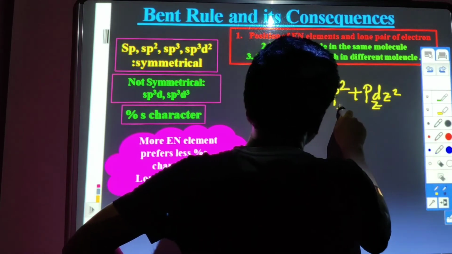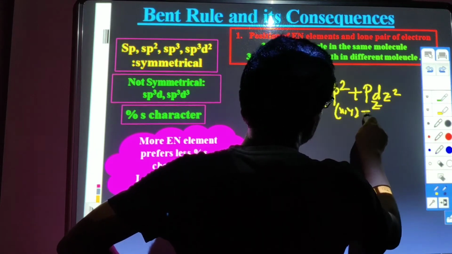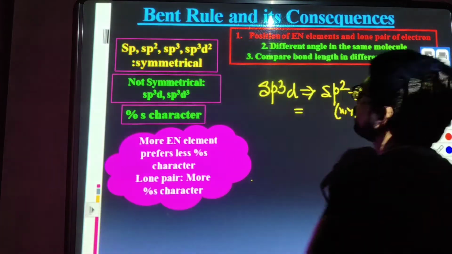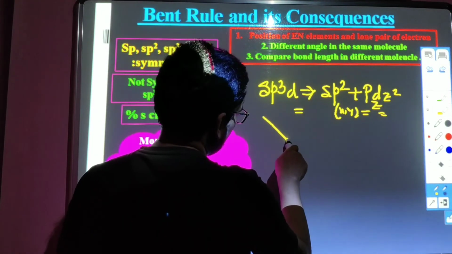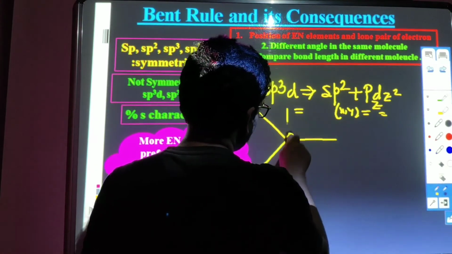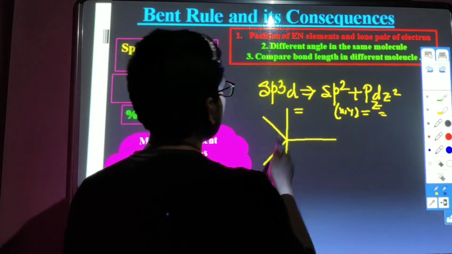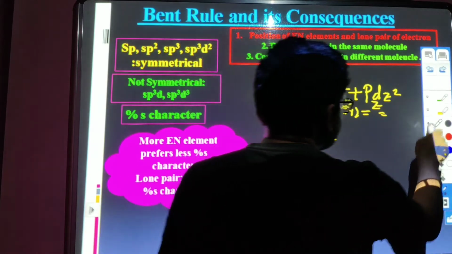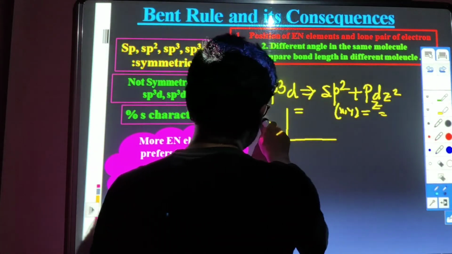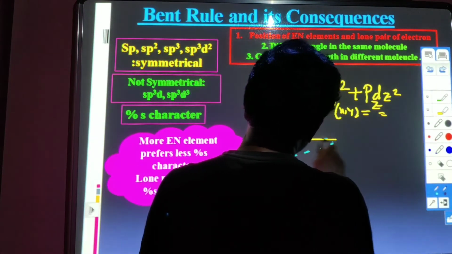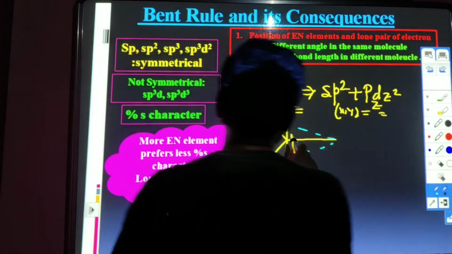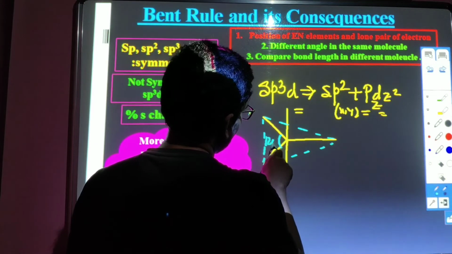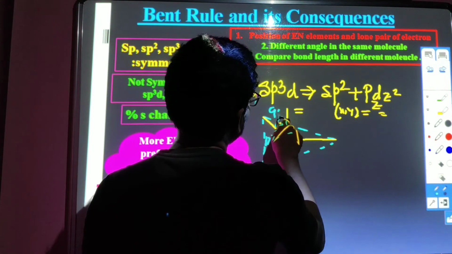This is pz and this is xy, px, py. This is the combination. Now let me draw the geometry. Okay, no problem. So this is basically the sp3d hybridized orbital. Here two types of angles are there. You can see that this is 120 degree and this is 90 degree.